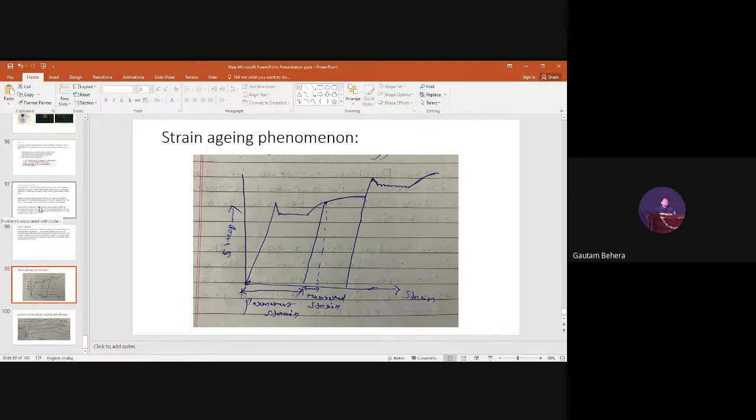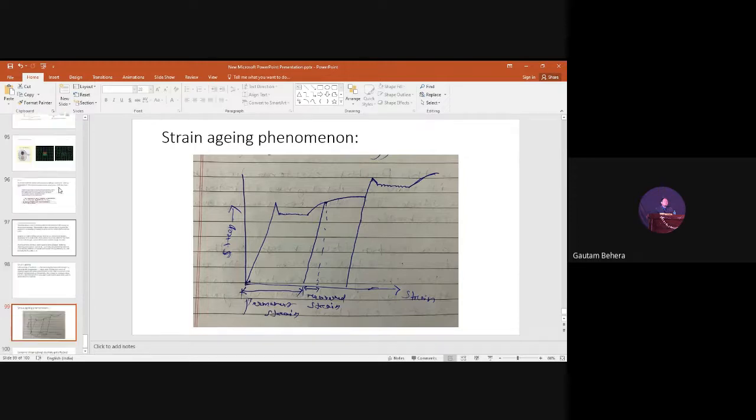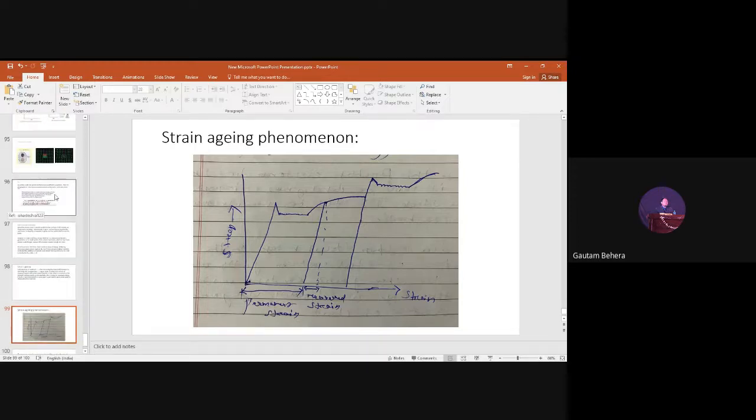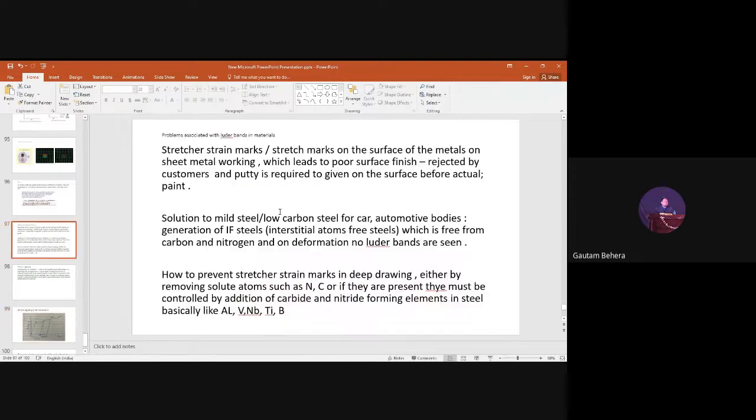Now we'll continue with the same topic, that is yield point phenomenon, and what is the problem with that. So you can see the problem associated with these Luders bands in the materials. Yield point phenomenon gives rise to Luders bands, we have seen. And what is the problem with the Luders band phenomenon?